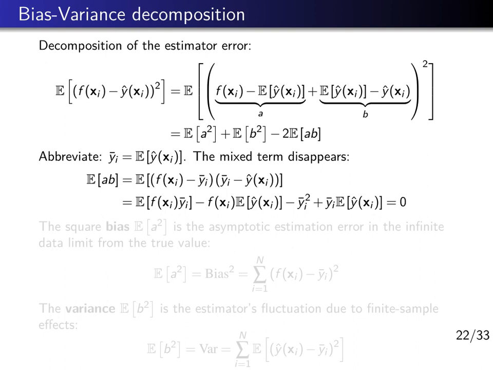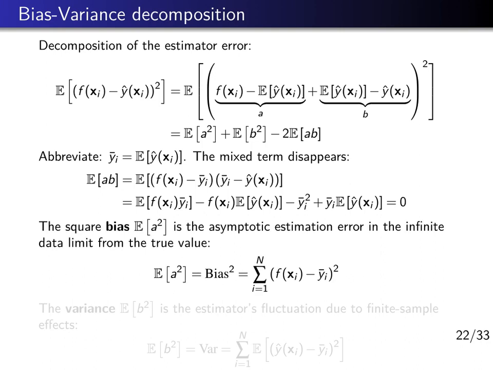So we can ignore this mixed term. We are left with the expectation value of A square and B square. The first term, the expectation value of A square, turns out to be the sum over square differences of the true function values at xi and the mean model prediction. So this is the bias of the model.